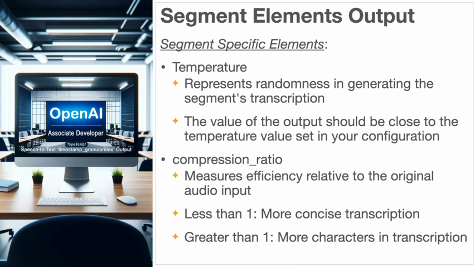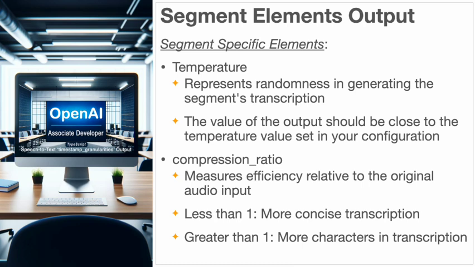Before we look at the probability parameters, we'll first look at the compression ratio property. Essentially, this property is a measure of the efficiency of the transcription relative to the original audio input. Here, a value of less than 1 means the transcription is more concise, using fewer characters than what's in the audio. A value greater than 1 means the transcription uses more characters than the original audio length.